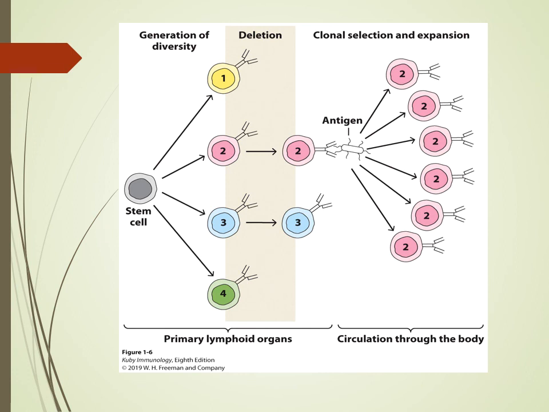In this figure, 1 and 4 get deleted for whatever reason, so they're not allowed to go into circulation. They were only in the primary lymphoid organ, like the thymus, but because they have a quote-unquote bad receptor that recognizes self, they're not going to be allowed to go in circulation.